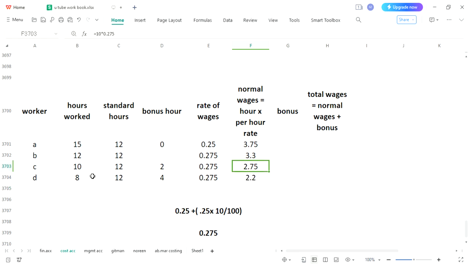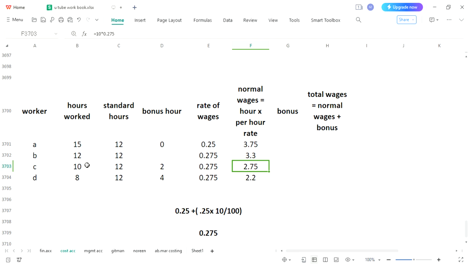One very interesting thing is the workers who had completed their job within or less than standard time, the amount they are receiving is less as compared to the worker who had not completed his work within standard time. He is getting more. But kindly note that remaining three, B, C, D workers, have worked for less hours.